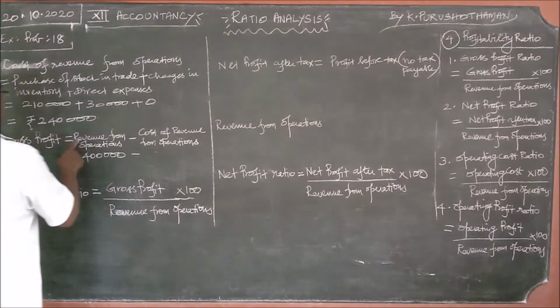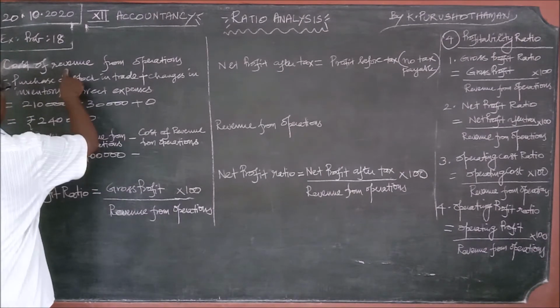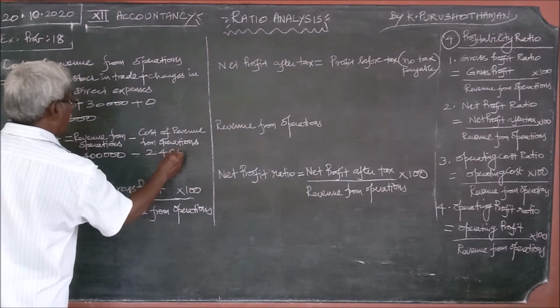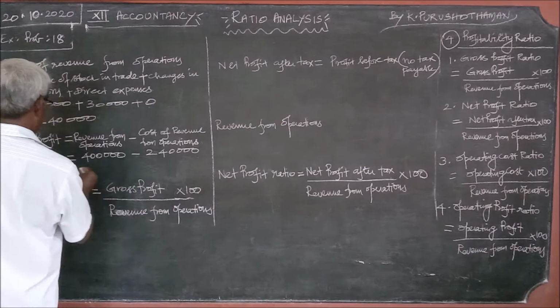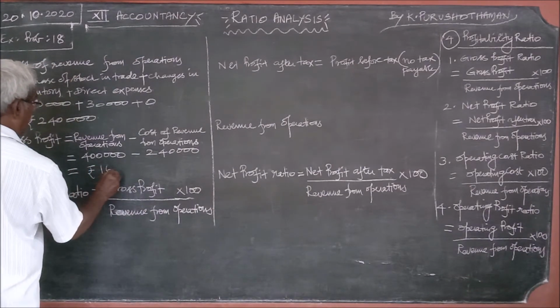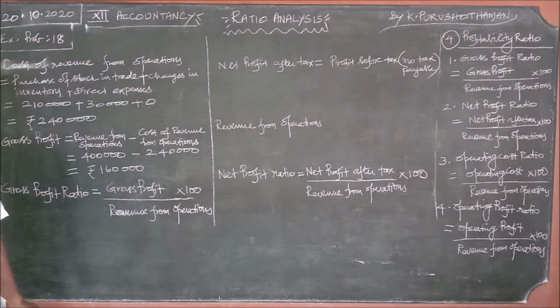So revenue from operations straight away given 4 lakhs. Now we have found out the cost, that is cost of revenue 2,40,000. This is equal to 1,60,000. This is gross profit.